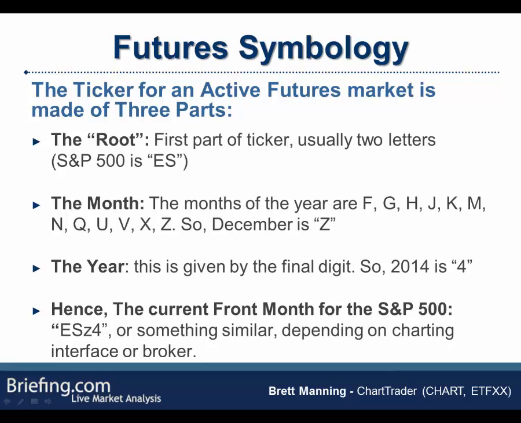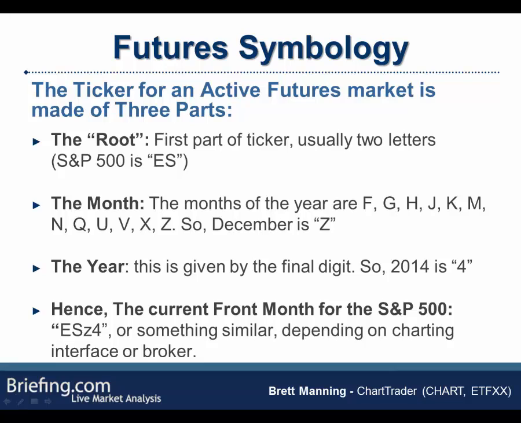So first of all, in terms of the symbology, a futures ticker is made of the root, the month, and the year. And that's going to be a unique identifier for each contract. A good way to think about this is, it's really the contract that's a market. So, for instance, right now we're trading the December contract for the S&P futures.